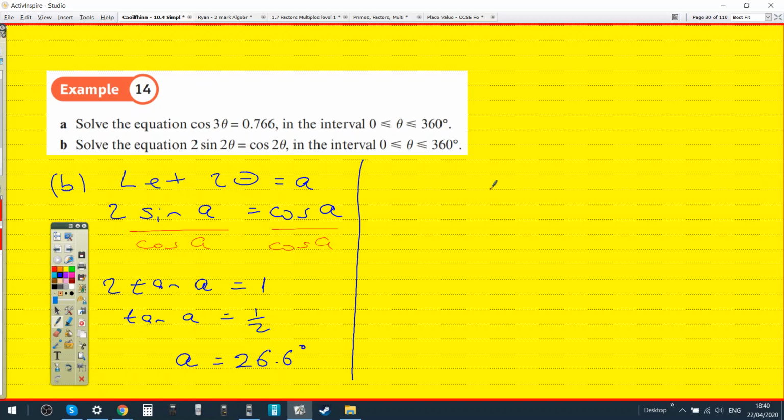And then if it's tan, it repeats, it's every 180. So do we do 26.6 add 180? Mm-hmm. Which is 206.6. Mm-hmm.